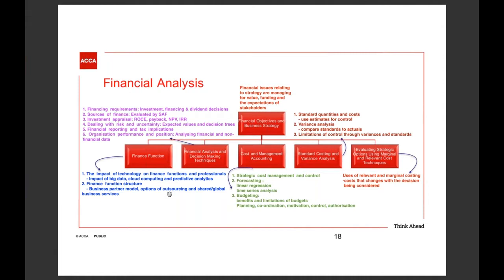There are lots of new things coming in, for example big data and cloud computing. In fact, there is a lot of predictive analysis software that can help us predict future sales trends, and that's where the finance function can do forecasting.